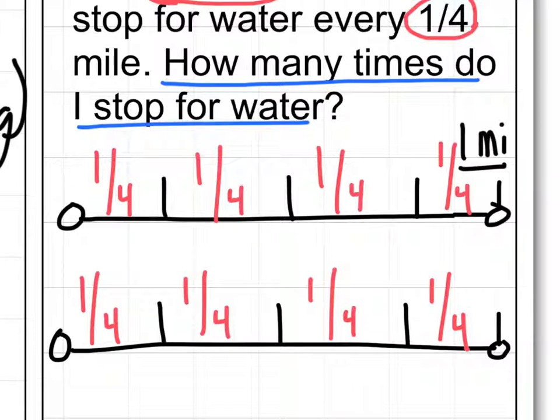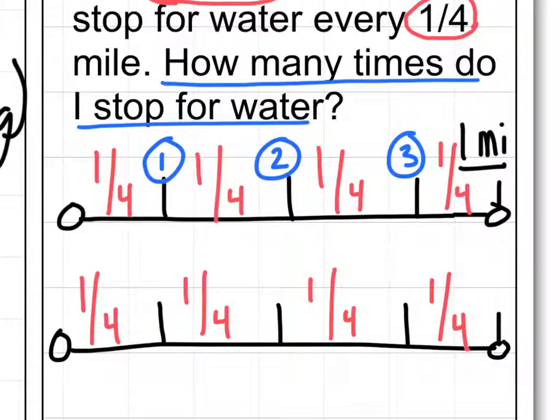Now, every time I run a 1/4 of a mile, it looks like I'm stopping for water. So what I'll do here is, this is my first stop. I stop for water. And then I stop again. Run another fourth, stop again, then I'd run another fourth.